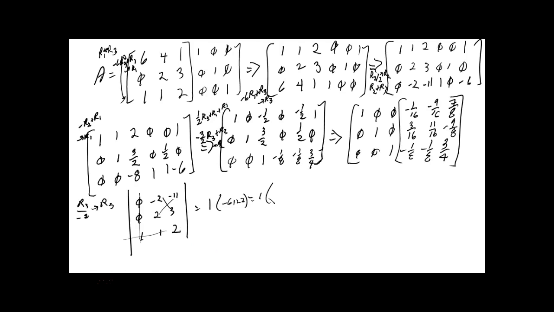Negative 6 plus 22. Isn't that 16? Yay or nay? Okay. All right. So that would be 16. There's the determinant of the easy one.